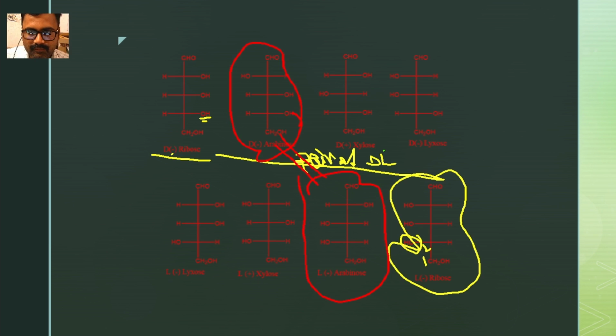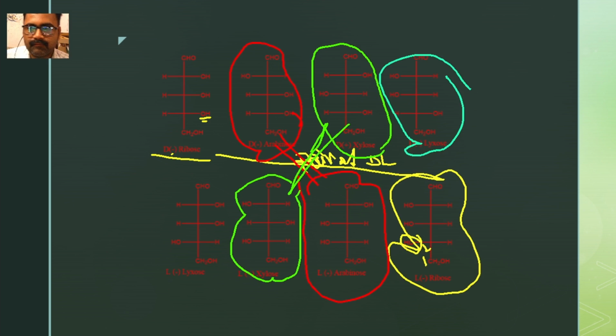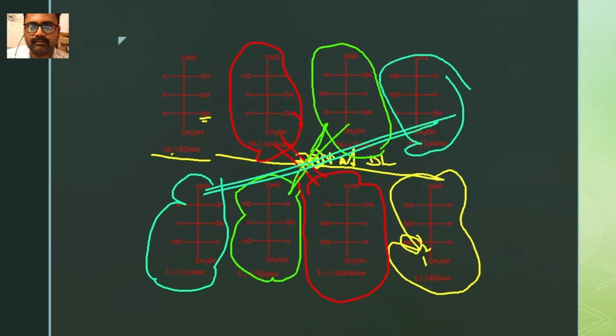Similarly, if we take the mirror image of xylose, we get this. So this is the third pair of enantiomers, and if we take the mirror image of D-lyxose, then we get the structure of L-lyxose. So this is the fourth pair of enantiomers.